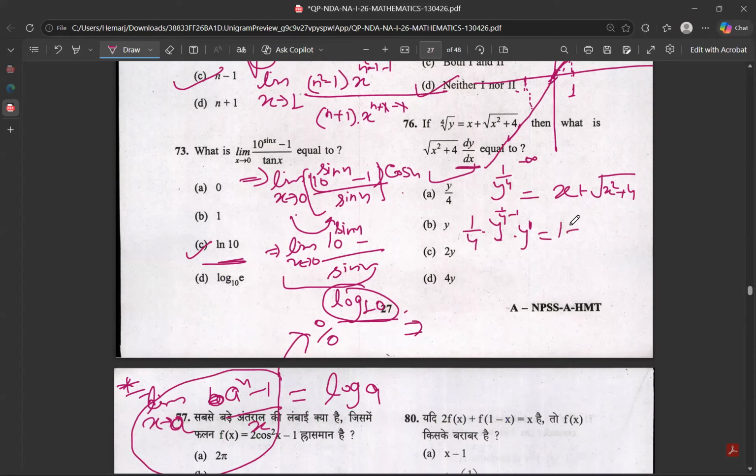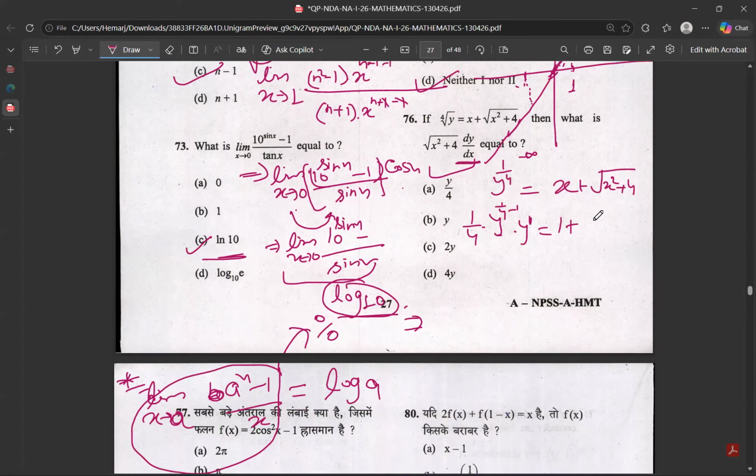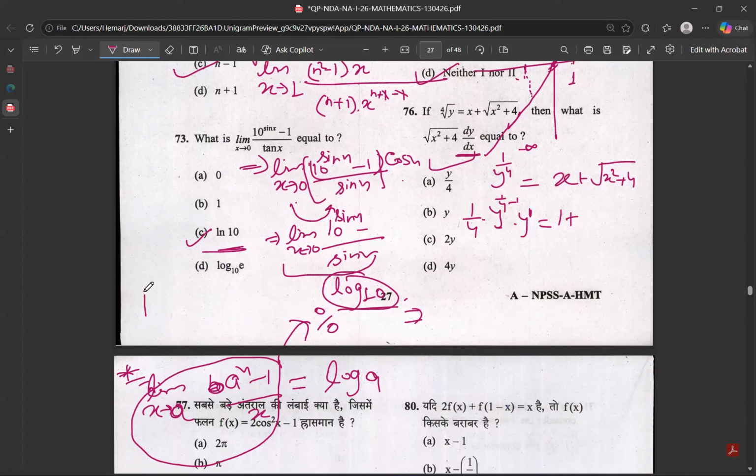X derivative 1 plus root x square plus 4 derivative. If you remember a very famous term PBA, power base angle. That's a very famous short trick in derivatives. First we do the derivative of the power, thereafter the base, and if any angle is there, then we do the derivative of the angle. So first I am doing the derivative of this root.